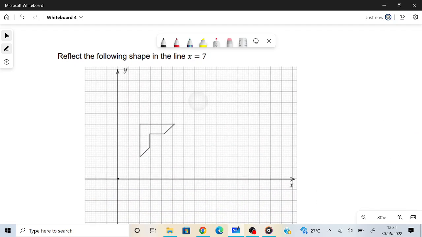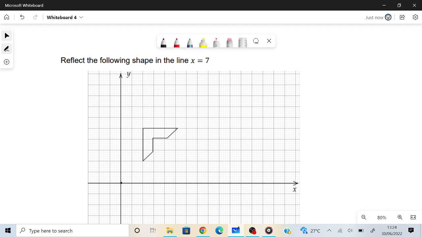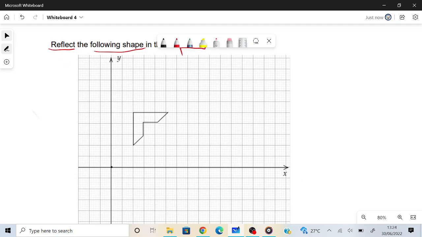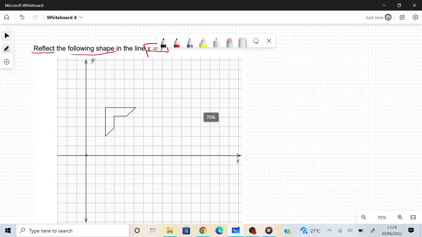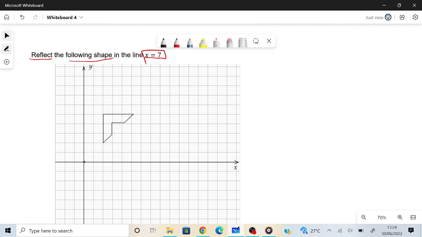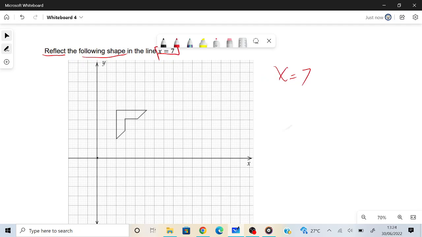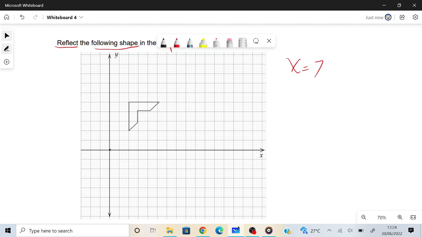Right, so this question tells me to reflect the following shape in the line x equals 7. Now the first thing you should do whenever you are reflecting is take note of the line. It says x equals 7. So let's quickly draw that line. The axes are not labeled, so we can label them.